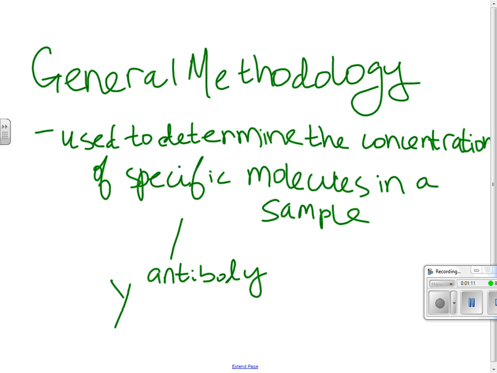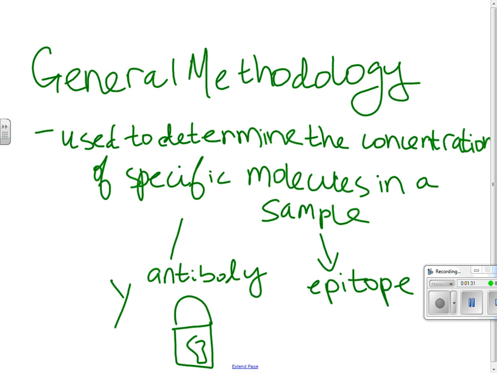Each tip of the Y of an antibody contains a paratope, a structure that is analogous to a lock, and that is specific, this lock, to one particular epitope. And this system is analogous to a key.